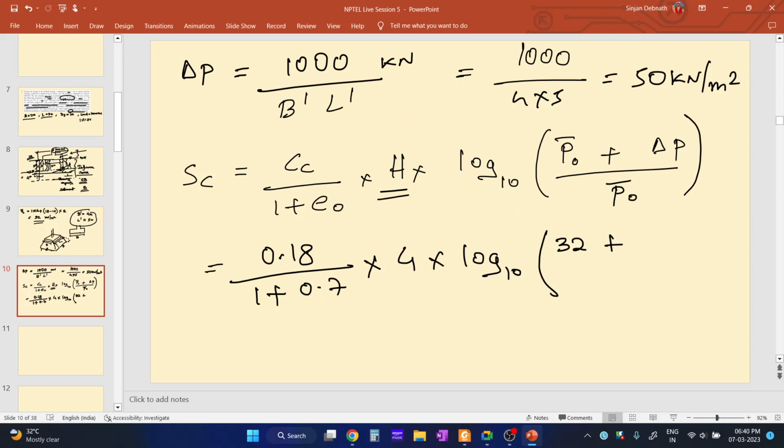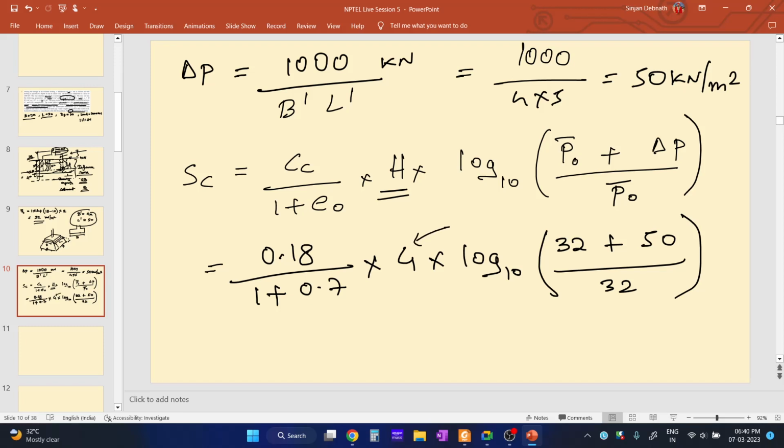Plus del P, that is the additional stress, that is 50 kilonewton per meter square, divided by the initial overburden pressure, that is 32. Okay. So now if you calculate this, obviously you must multiply this equation with 1000 to get the answer in millimeters.